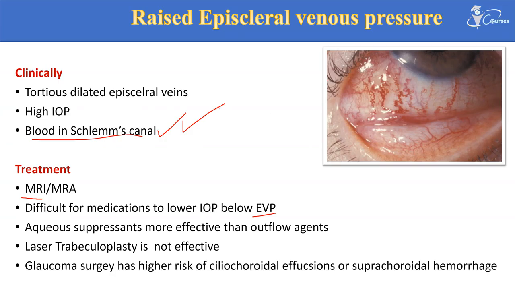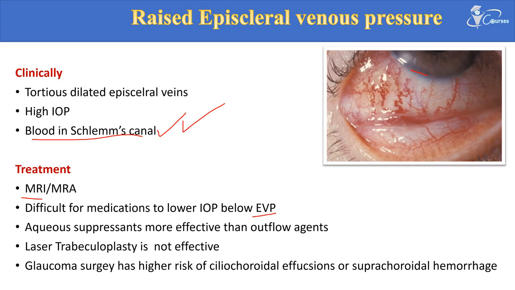Aqueous suppressants are more effective than the outflow agents. For those patients, if you are just trying to open the trabecular meshwork by any drugs, the trabecular meshwork already has higher resistance. So the method of treatment is to suppress the aqueous production, like by giving the patient beta blockers or an alpha 2 agonist, or doing cyclodiode photocoagulation.